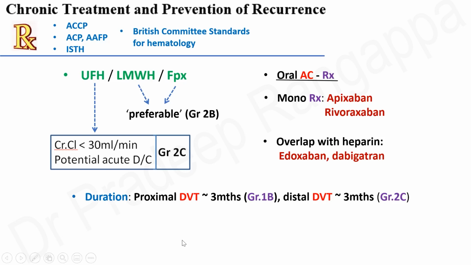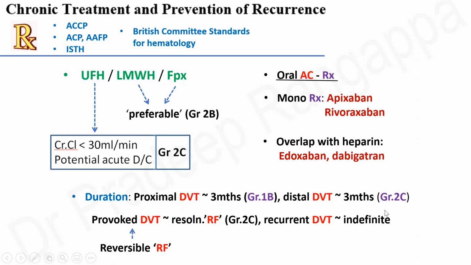So the duration of anticoagulation after someone has developed PE, for proximal DVT, is 3 months. That is a grade 1B recommendation, a strong recommendation with moderate evidence. For distal DVT, the duration of anticoagulation is also 3 months. In venous thromboembolism, there is provoked and unprovoked. Provoked is where there is an inciting event or underlying risk factor.